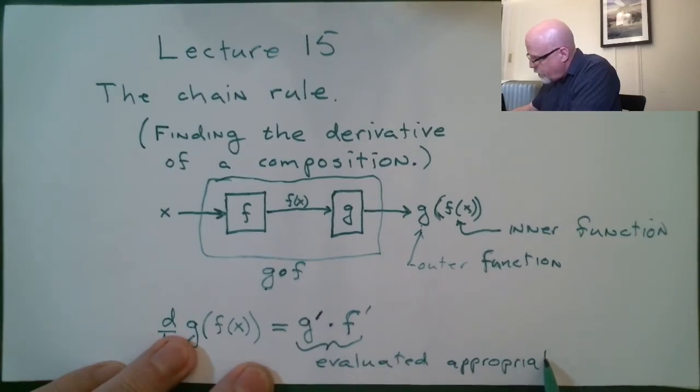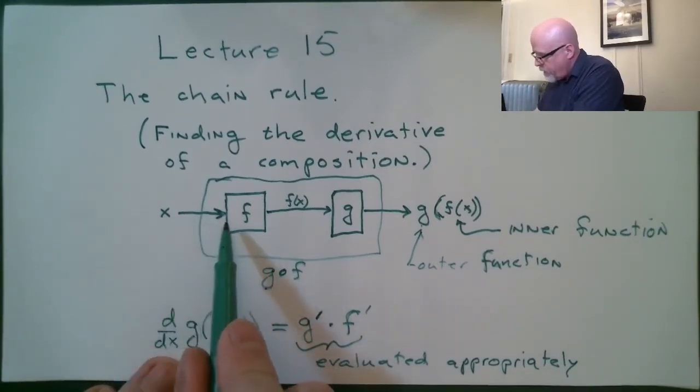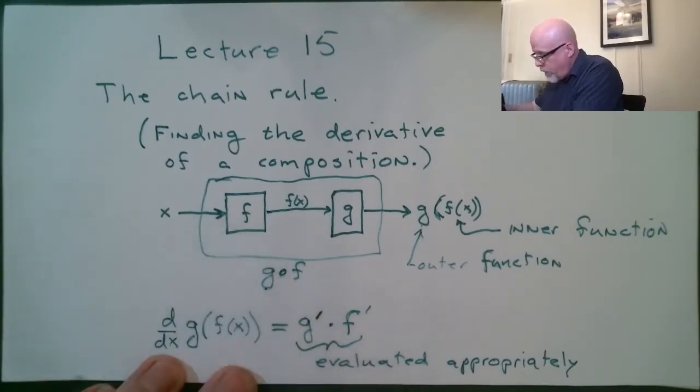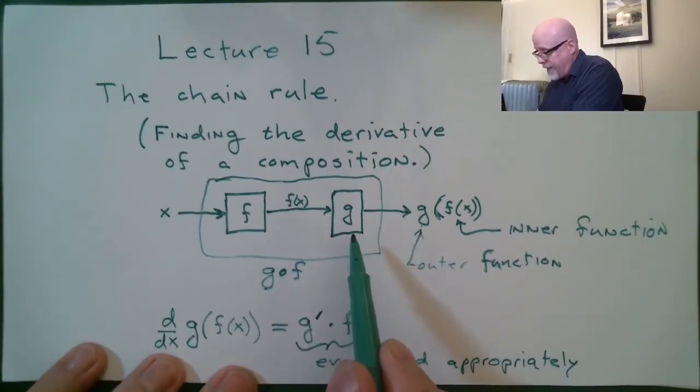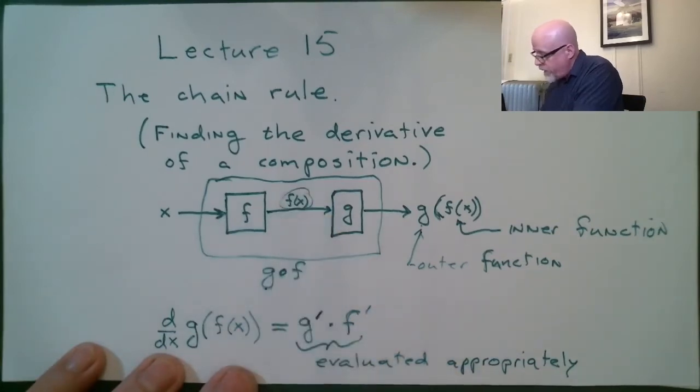So what do I mean by appropriately in this case? Look at the picture above. X is being fed into f, right? So at a particular x value, f's input is x, of course. But g's input is not. g's input has been changed by f into whatever f of x is.